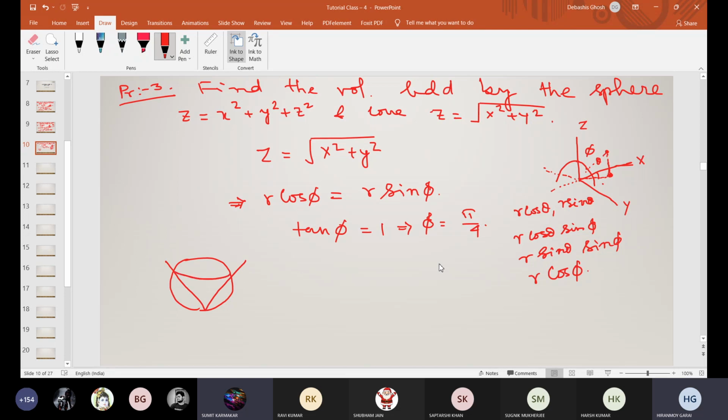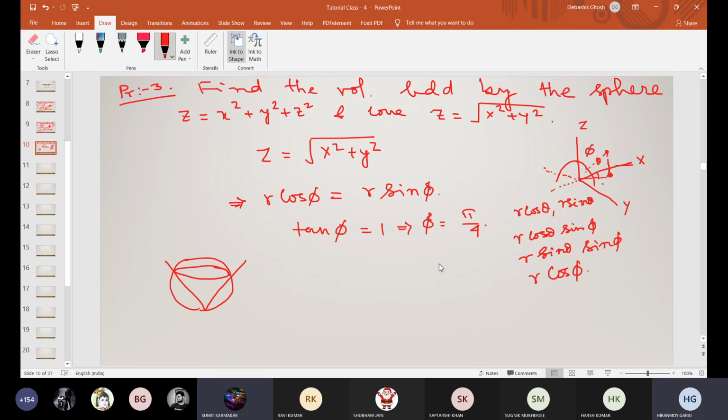The cross section between these two rotates, so we are considering the whole circle. For that whole circle, theta ranges from 0 to 2 pi, and r ranges from 0 to r cos phi.